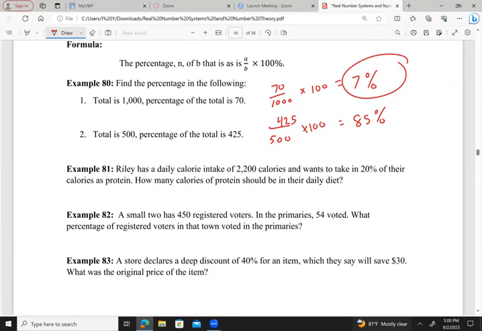Okay, let's look at a few examples here. Riley has a daily calorie intake of 2,200 calories and wants to take in 20% of their calories as protein. How many calories of protein should be in their daily diet? So the total is 2,200. The percent is 20 times 100. 20 times 100 divided by 2,200.